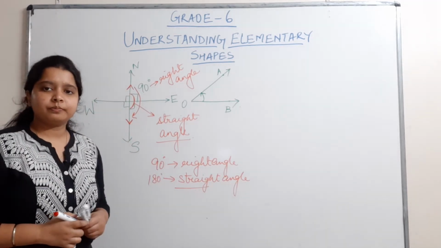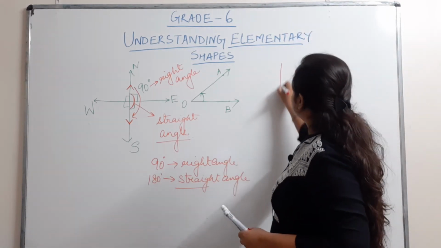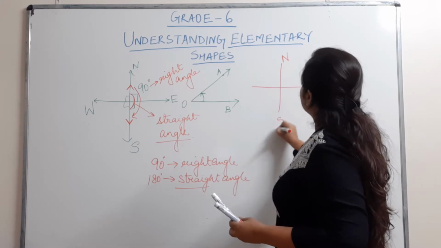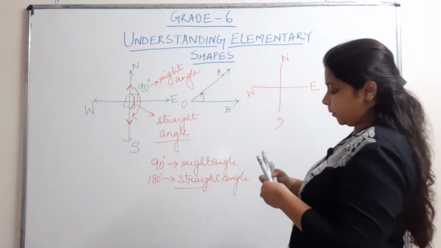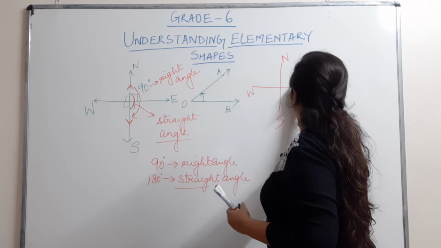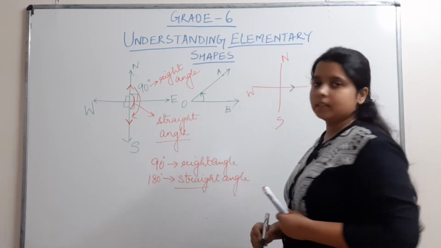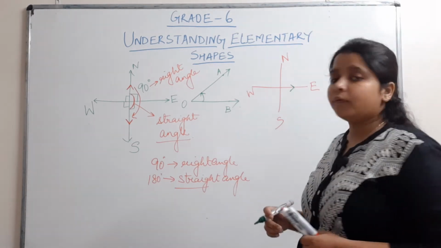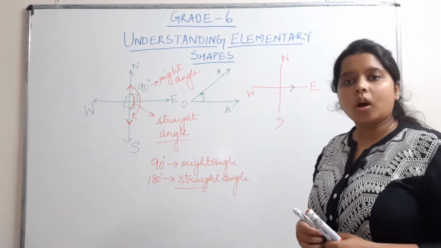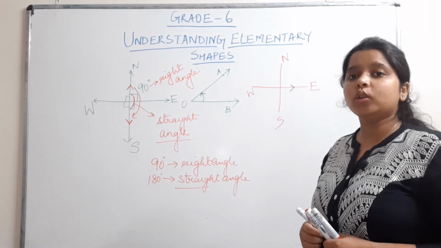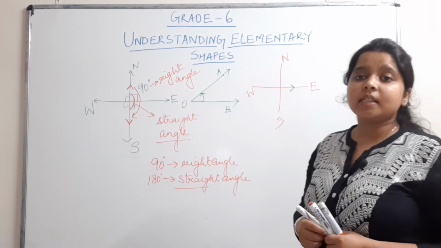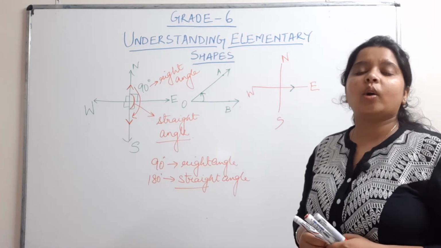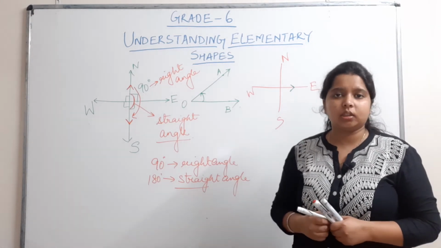Okay. What about a person who is facing east, and he turns 1/4 of a rotation clockwise? Before that, let's discuss what one complete rotation is.